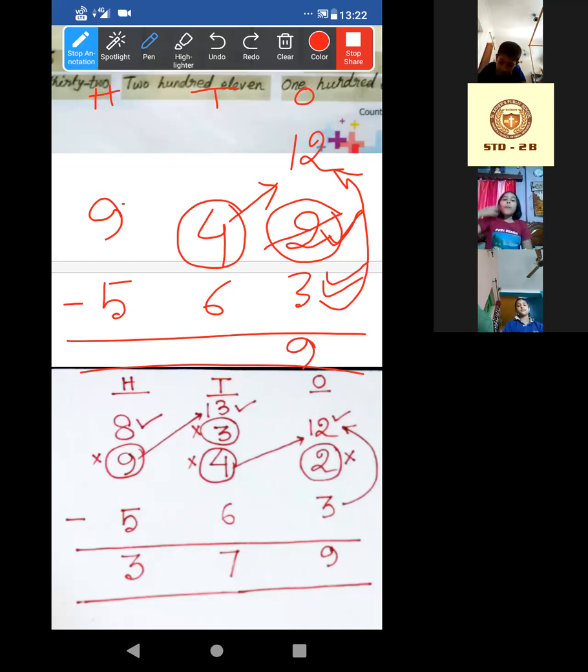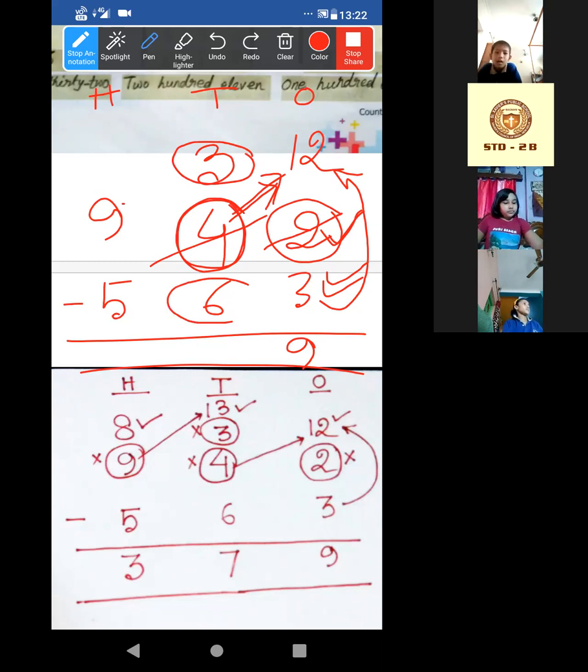Okay. Now, as we have borrowed 1 from this 4, this 4 will become 3. Now again, this 3 is less than this 6. This 3 is less than this 6. So what to do?